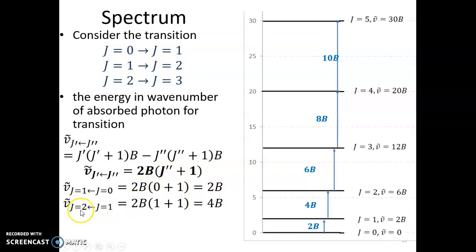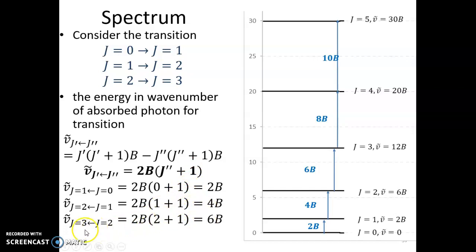From 1 to 2, recall this is the J double prime of the lower state, so we're using that as the substitution. So from 1 to 2, we have 2B into J double prime as the lower state, which is 1, plus 1, so that's 2 times 2B.